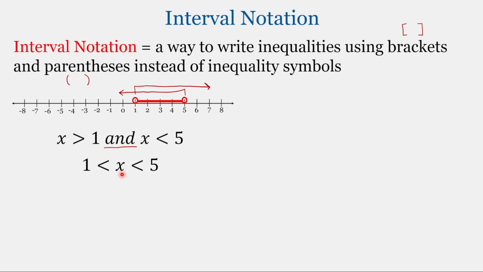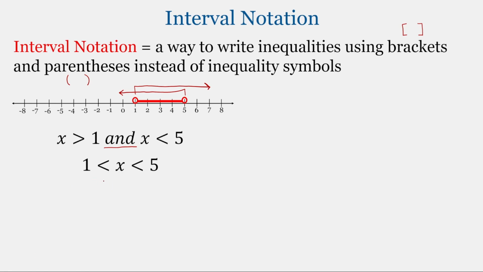Now we can write it this way, where we combine these two inequalities into one. And we read this by starting in the middle. So we have x greater than 1. We were reading right to left that time. And x less than 5. But we can also write this using interval notation.